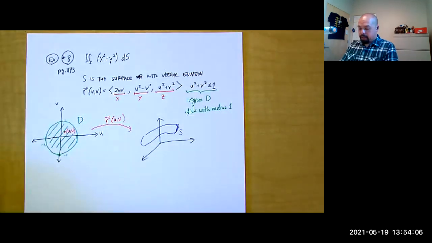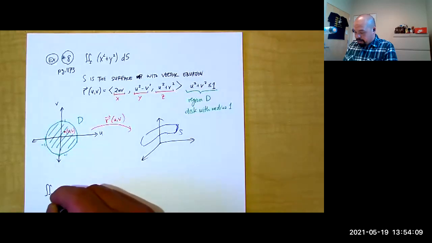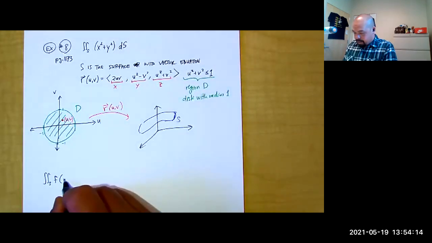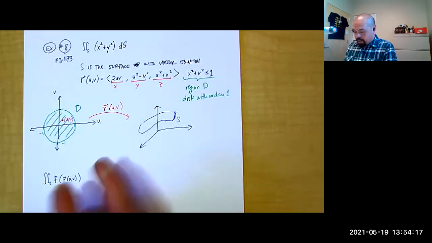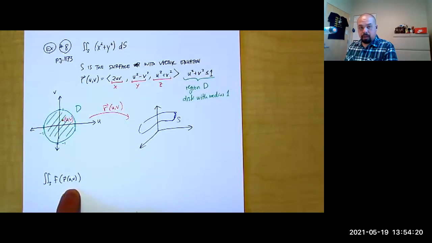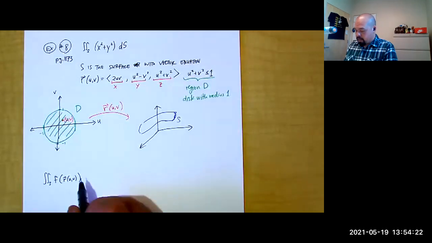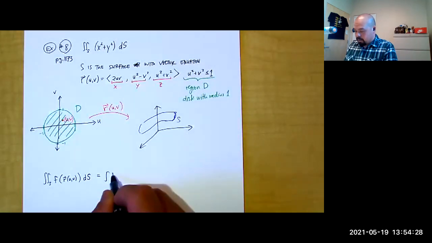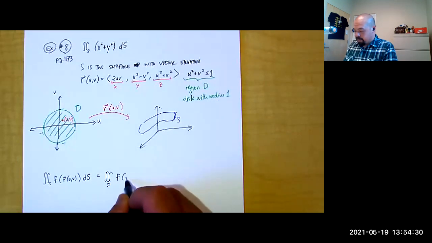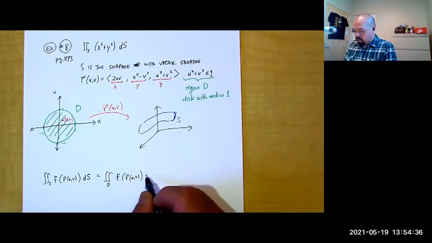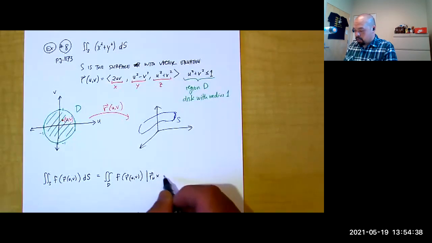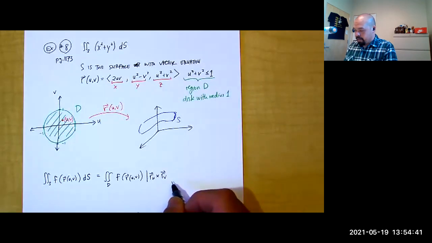this calculation. We talked about before that when we're integrating some function of r of uv over the surface, dS, this was the integral over D of f of r of uv times that magnitude of r sub u cross r sub v dA.